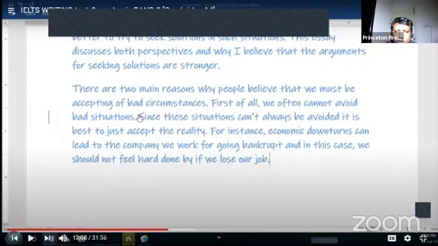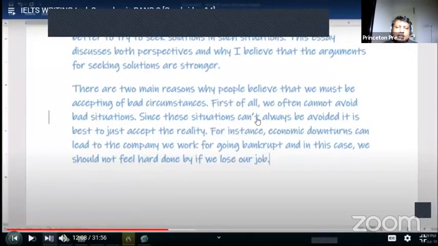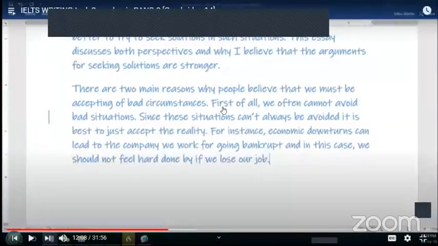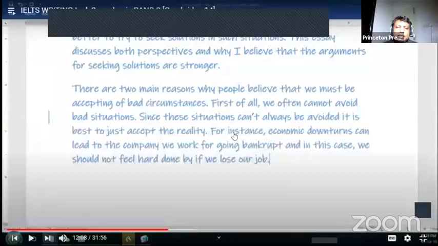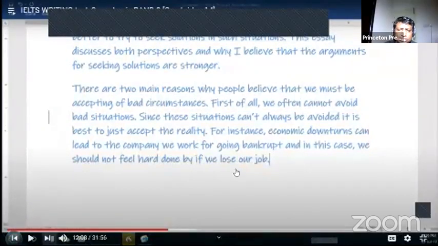You must understand which is the explanation. Then give an example. For instance, economic downturns is the example, but that's the extension. So we are done with the first one. Now we'll go to the second one, the second reason.